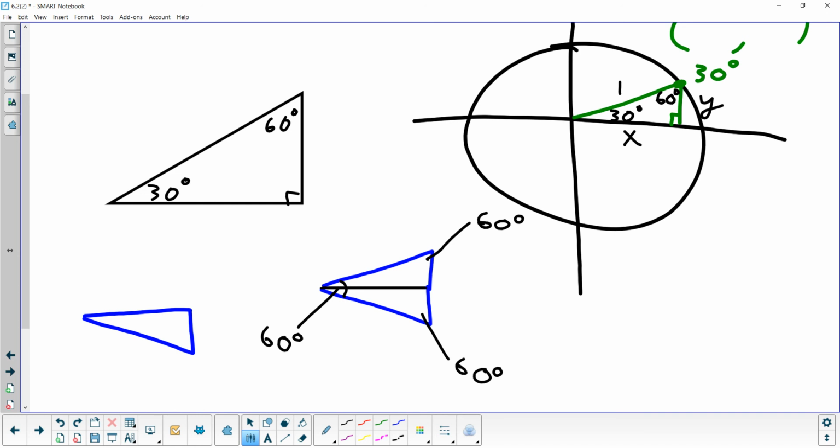Okay. All right, so what else do I know? All the sides are 1. Right? This side's 1, this side's 1, and I'll make them like this so they look like 1s. And that side is 1. Okay.